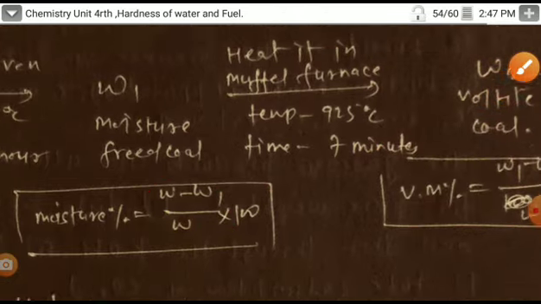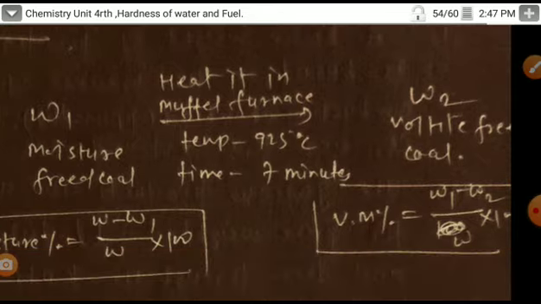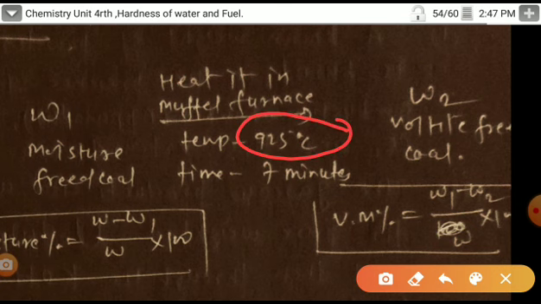Now the second parameter you have to determine is the volatile material percentage. You have to take the muffle furnace, and the temperature in the muffle furnace will be 925 degrees centigrade. The moisture free coal will be put into the muffle furnace, and you fix the temperature at 925 degrees centigrade.